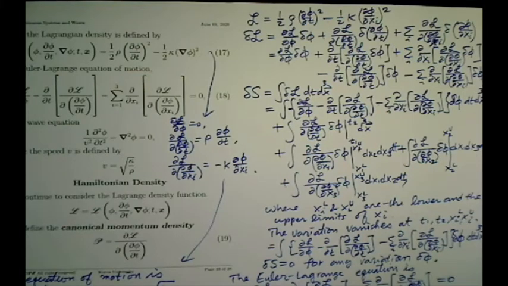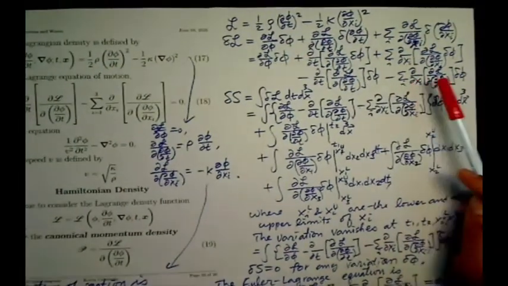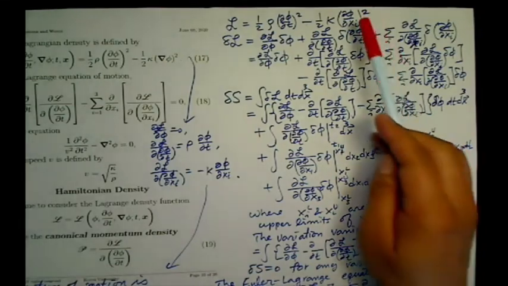The Lagrangian density function is written in this form. This is the 3-dimensional case: 1/2 rho times the partial time derivative of the field squared, minus 1/2 kappa, where kappa is the bulk modulus, that is tension per unit cross-sectional area, times the gradient squared. The sum over i running from 1 to 3 is also considered.